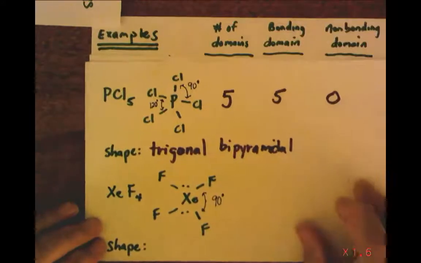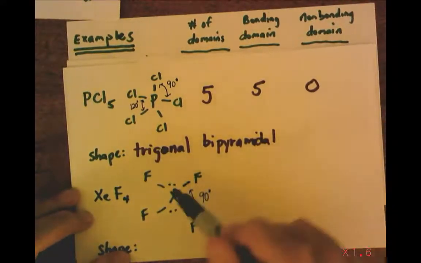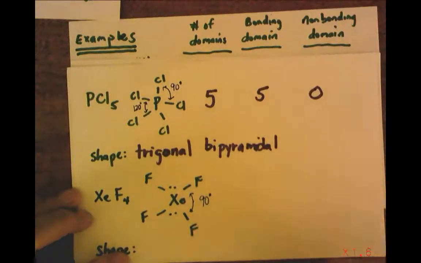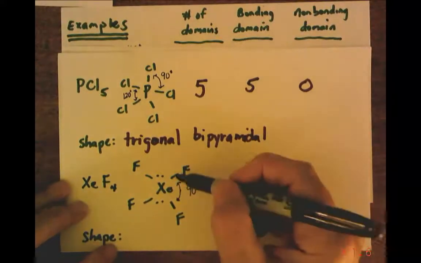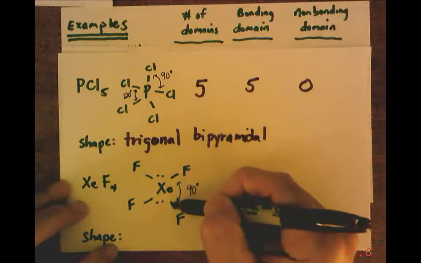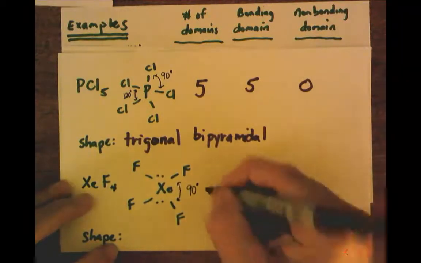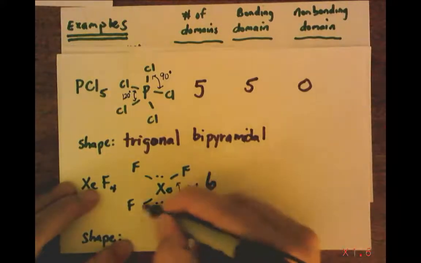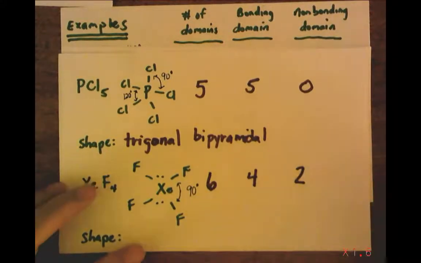Okay, all right, here's another one, and you're going to see this one in the concept check towards the end of the video, so you may come back and reference this one again. Okay, so let's count domains. 1, 2, 3, 4, 5, 6. So this time we have 6 total electron domains. 4 of them are bonding and 2 of them are non-bonding.